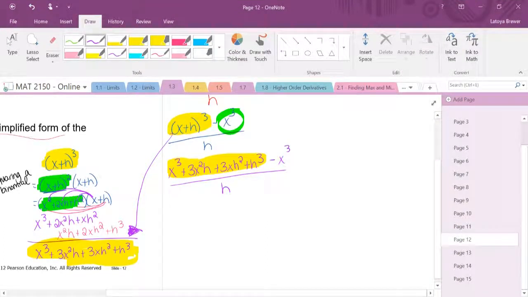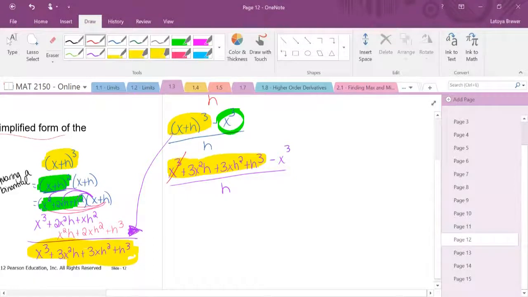Now, once you get to this point, what you want to do is combine like terms. And once you combine like terms, the only terms that you should have left in that numerator are terms that include an h. For example, let's pick a red where we can see this.